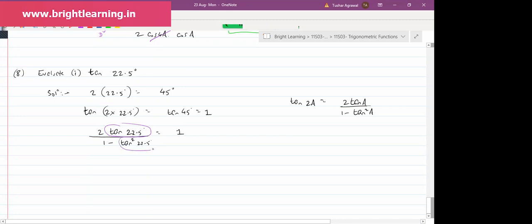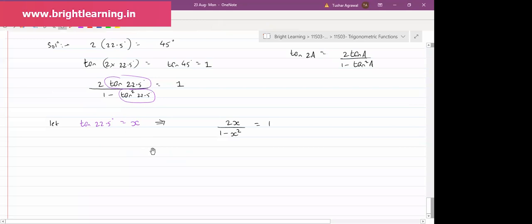Here also this is tan square 22.5. So let tan of 22.5 degree, whatever that is, be equal to x. So that implies our identity becomes 2x upon 1 minus x square, which is equal to 1.